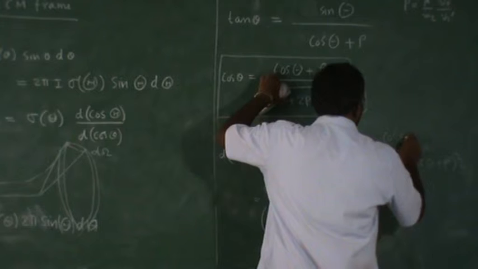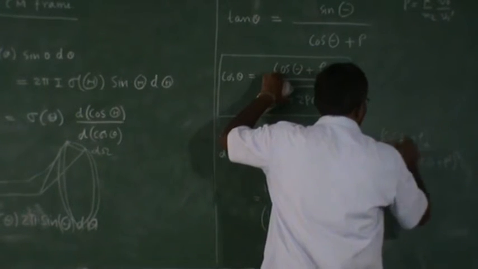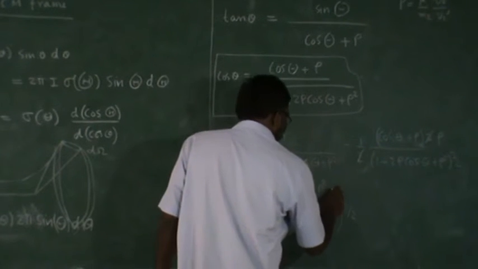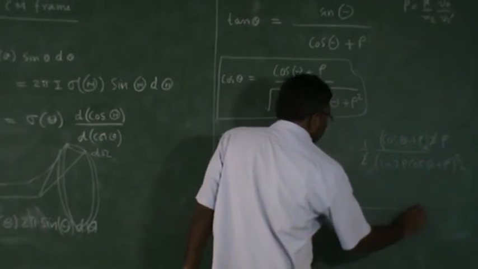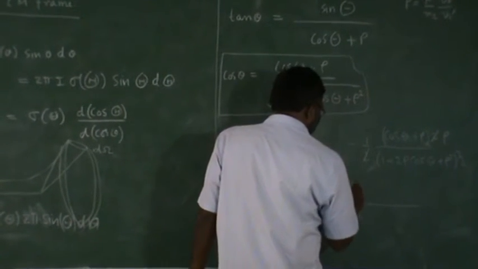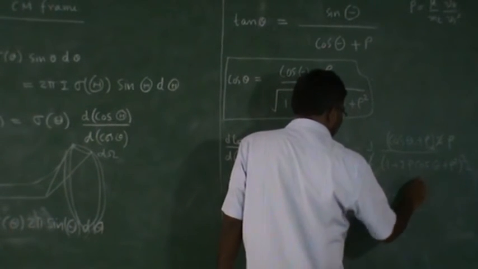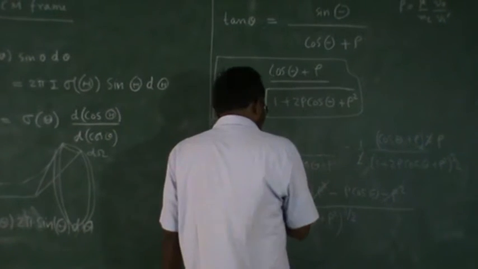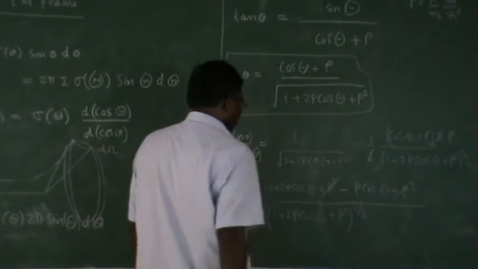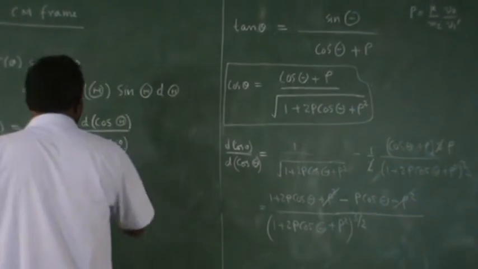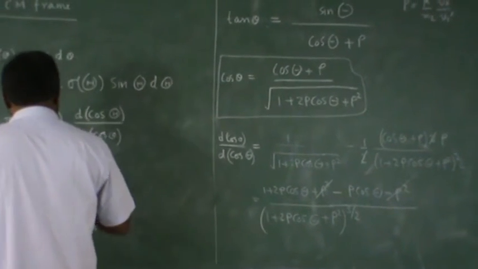Cos theta plus rho into 2 rho, and this 2 will cancel with this 2. So I will have minus rho cos theta minus rho square. So rho square will cancel, and 1 plus rho cos theta. So I will have this relation.